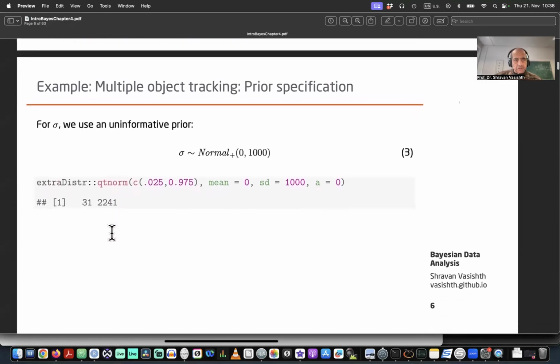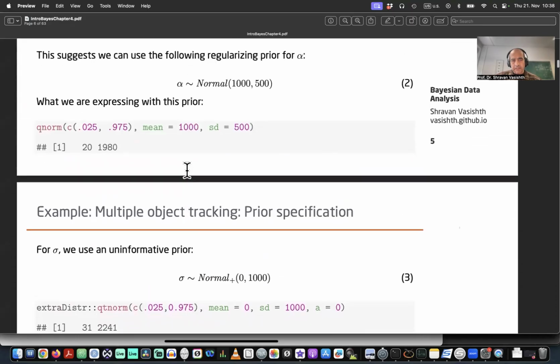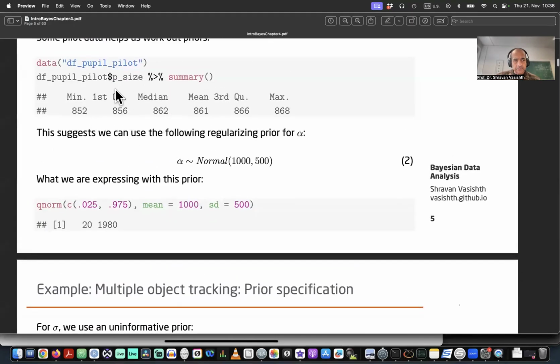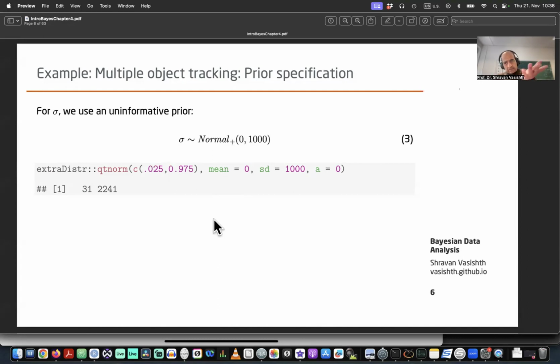For sigma, we could use an uninformative prior for starters, because we don't really know that much. Of course, we could use the pilot data to make a start, but let's just take a truncated normal, truncated at 0 with standard deviation 1000. Once you truncate it at 0, so only consider the positive half of a normal distribution, then of course the mean will shift.